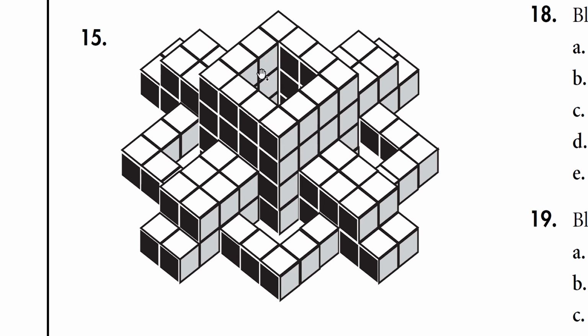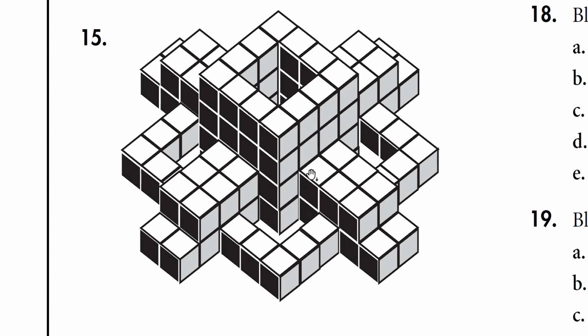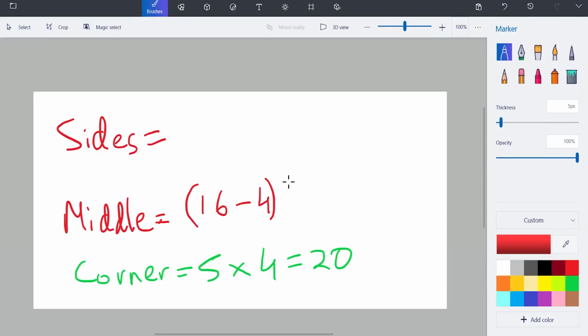But in the middle, 4 are removed. So you can even write it like this, which is 16 minus 4 per height, and the total height is 1, 2, 3, 4 again into 4. That's going to give us basically 12 into 4, that's 48.